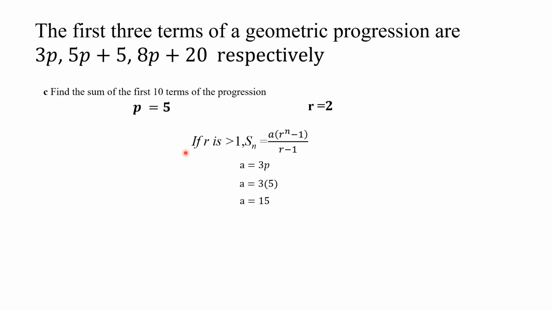Right, so we substitute into the formula to find S10, the sum to 10 terms, which is 15 multiplied by 2 to the power 10 minus 1 divided by 2 minus 1. So the sum to 10 terms of this geometric progression is equal to 15,345.